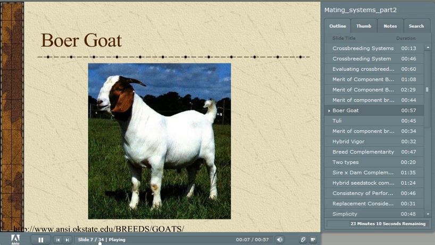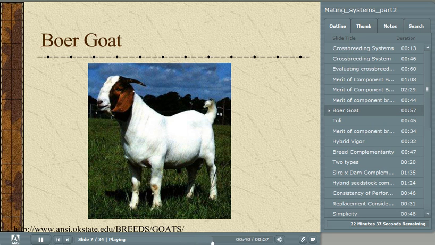They're a meat goat, and were used in crossbreeding programs in some of our more popular breeds in the U.S., but in the late 70s, early 80s, there were no Boer goats in the U.S. And the first group that got them out of Zimbabwe in Africa and through quarantine was a group in New Zealand. So those animals were very hard to locate in the 1980s and became more and more popular because of their carcass characteristics and rapid growth rate and degree of muscling.